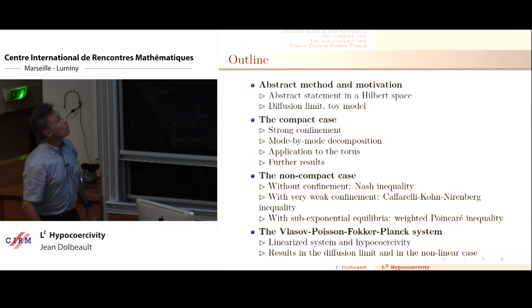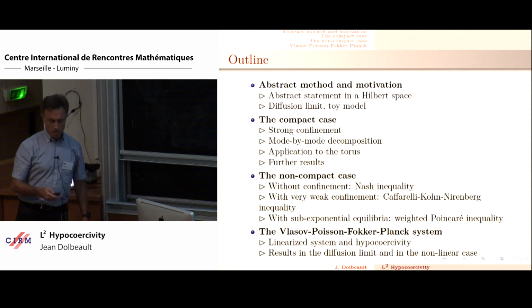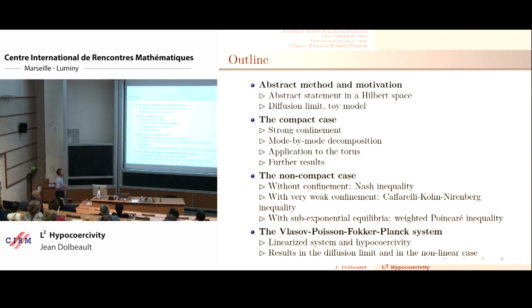Okay. So here is the plan of the lecture. I will try not to start too fast and explain a little bit what the abstract method is and the motivation: how the technology works and how you can implement it in some special cases.